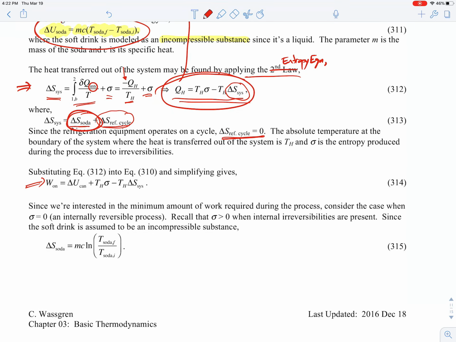So if you go back to our notes for an incompressible substance with constant specific heat, this is how you can calculate our change in entropy for the soda. It's just the mass of the soda times its specific heat times the natural log of the final state temperature divided by the initial state temperature. So we can substitute that in. That'll go into our delta S for the system. Again, remember that the delta S for the refrigeration cycle is 0 because it operates on a cycle.